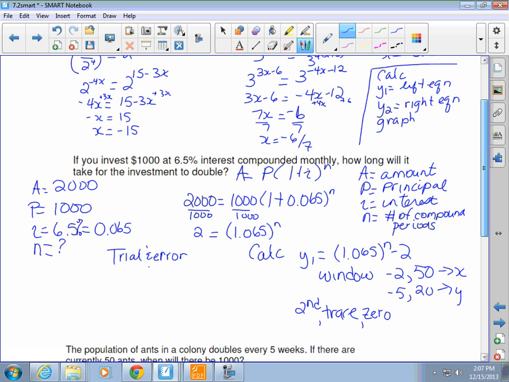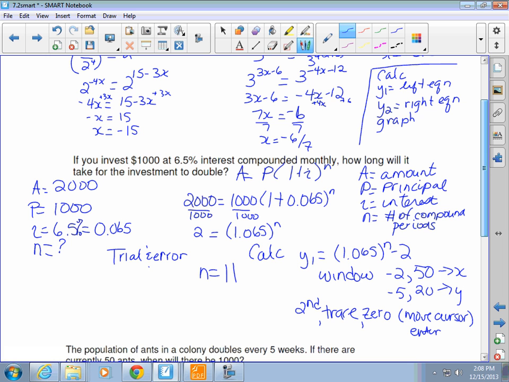And you'll have to move your cursor over and then hit enter till you get your answer. So in this case, the answer for this is n is equal to 11. So on your calculators, and I don't want to use the calculator that I have on here because it's not that Texas Instrument one, but try it on there just to see if you can get that answer.